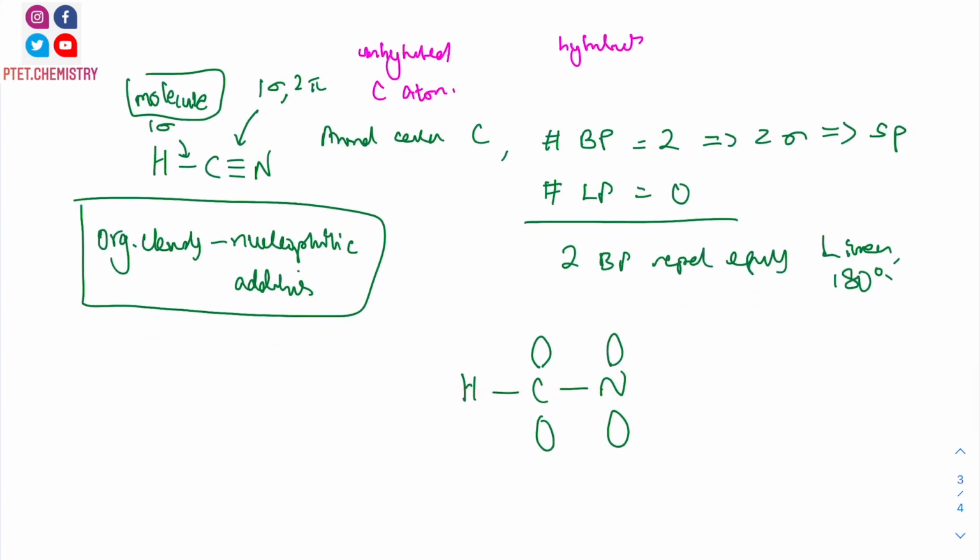So where are the 2 orbitals? One of them is shown here. So what I've shown is 1 electron in this p orbital which is unhybridized will share electrons with 1 electron on the nitrogen here, on another p orbital of the same shape. So they overlap sideways. That will give you 1 pi bond. Okay, this is 1 pi bond.